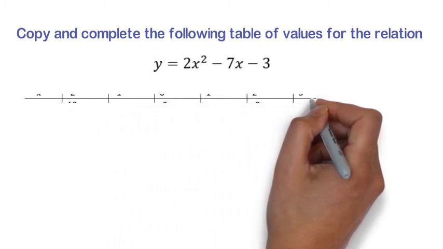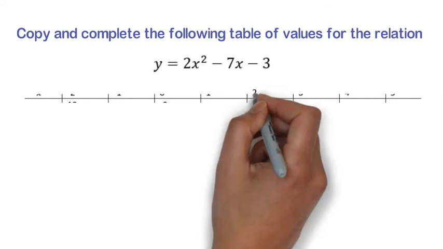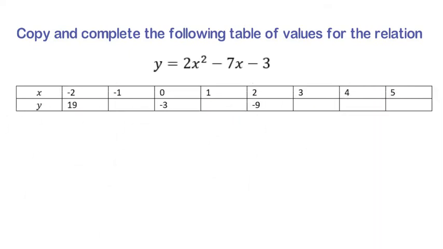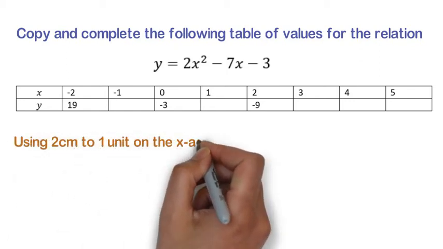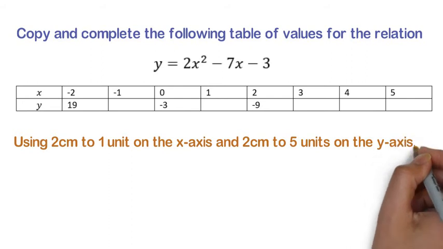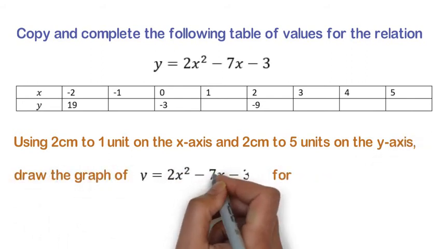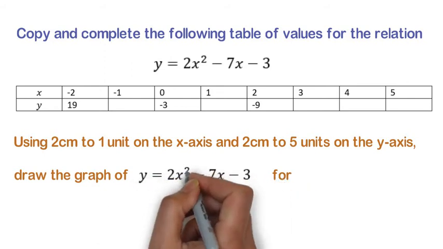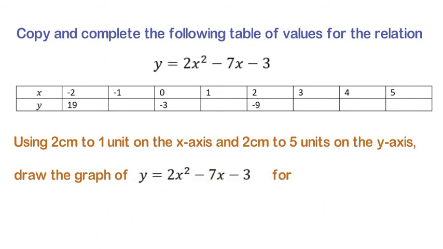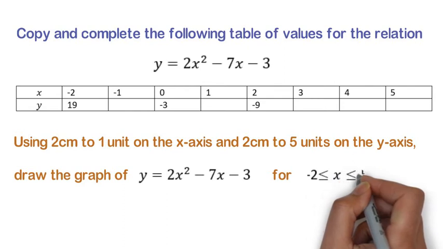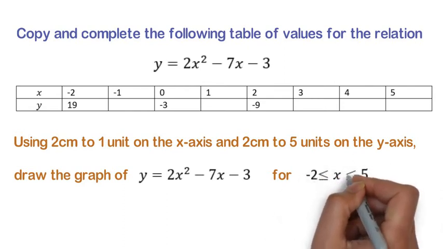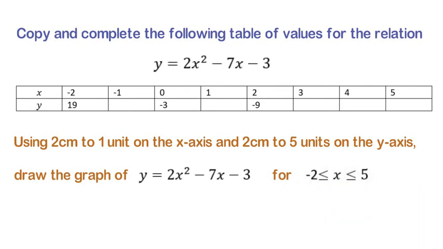Copy and complete the table of values of the relation y equals 2x squared minus 7x minus 3. You see we have an incomplete table, x ranging from -2 to 5. Using a scale of 2 cm to 1 unit on the x-axis and 2 cm to 5 units on the y-axis, draw the graph of such relation.